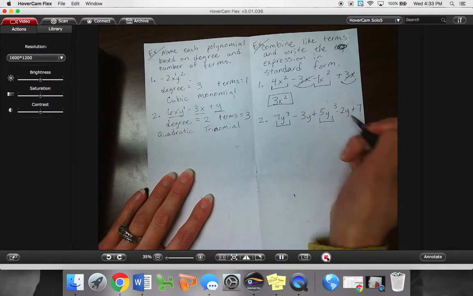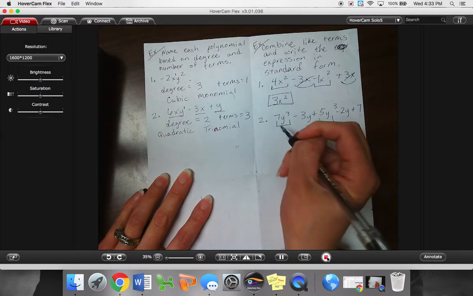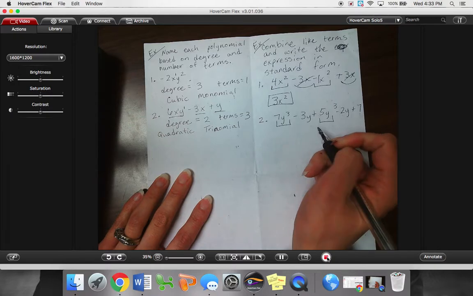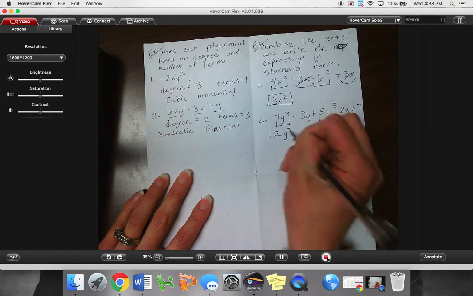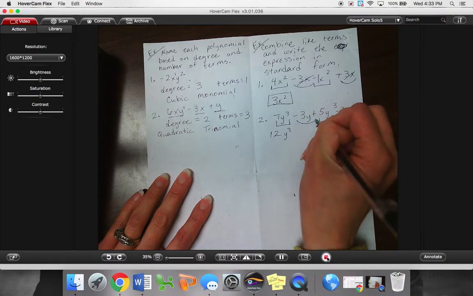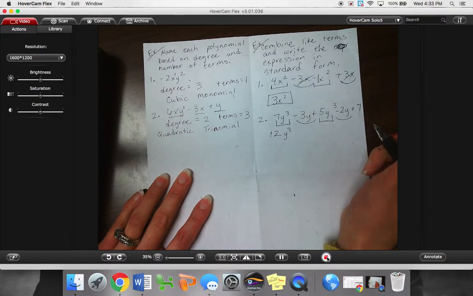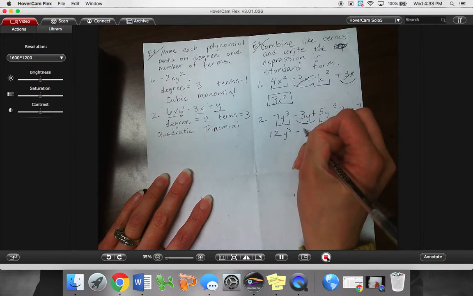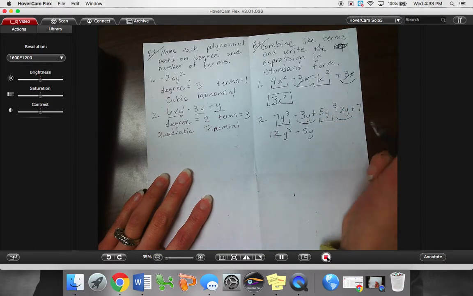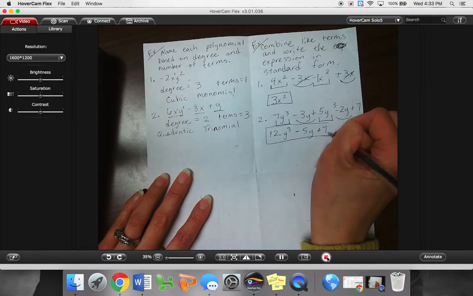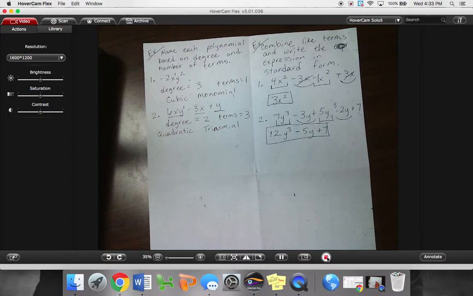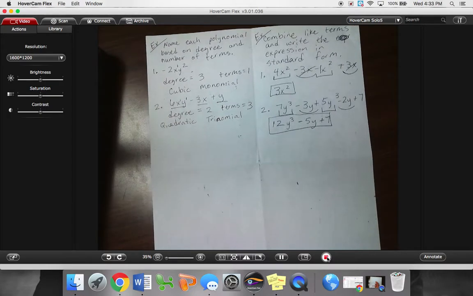The y cubes, let's do those first. 7 plus 5 is 12, 12y cubed. Negative 3y minus 2y is negative 5y. And then nothing combines with this constant, so just plus 7 on the end. I'm going to move on to my next box.